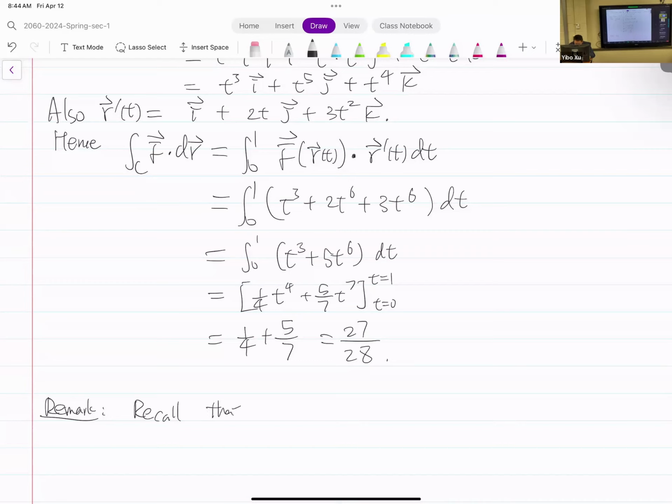Recall that the unit tangent direction, T, is the normalized tangent direction. So basically, you just use the tangent direction r prime and divide by its magnitude. That's the unit tangent direction. And also, you recall that the magnitude of r prime is actually ds/dt, where little s is the variable representing arc length.